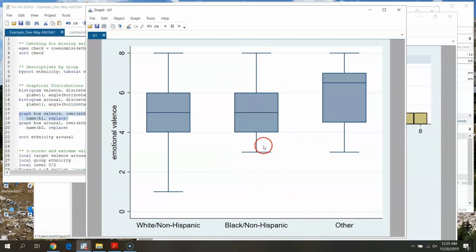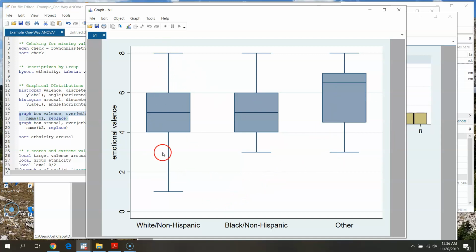I wouldn't even call this too much of a skew here. Our emotional valence for our heterogeneous other group, our median is up near the third quartile. So our median is more towards the top of the distribution here, but otherwise no values falling beyond 1.5 times the interquartile range.